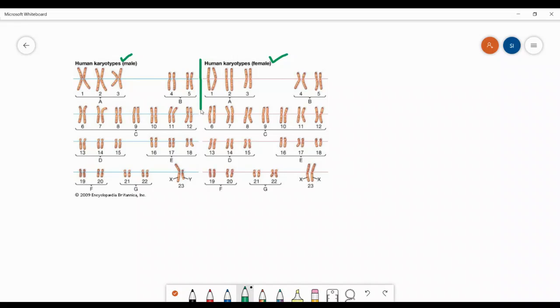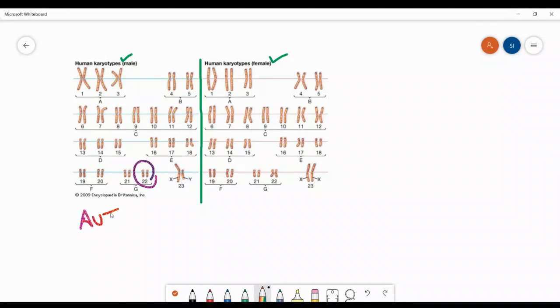Between these two I will draw a line to help you. You can see there are 22 pairs of autosomes. These are called, as we saw, autosomes.